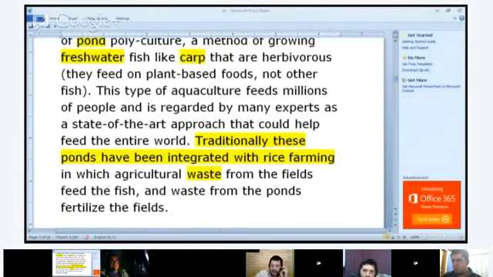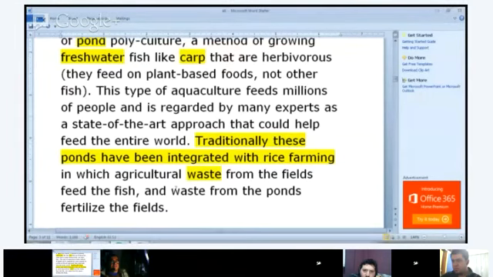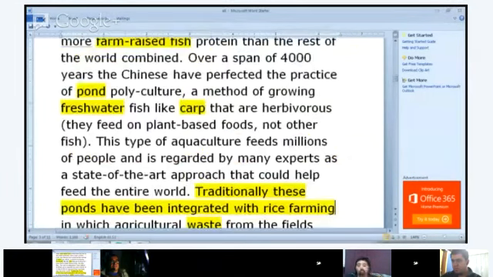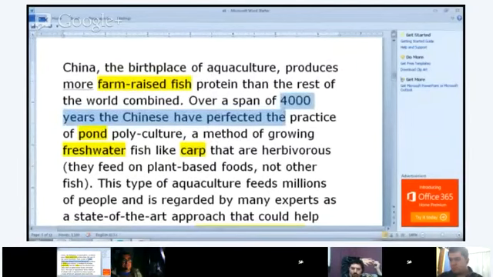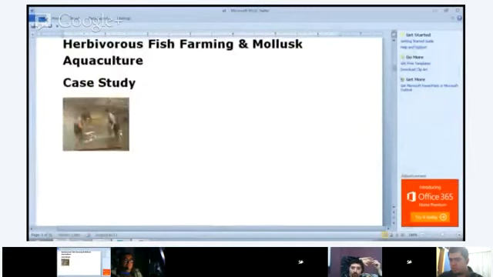So if I can go back to this picture, the Chinese, over 4,000 years of experience, have perfected this method. And so they have the rice fields, which are often filled with water, or at certain times of the year, maybe not always, and they're raising fish and rice in the same area.